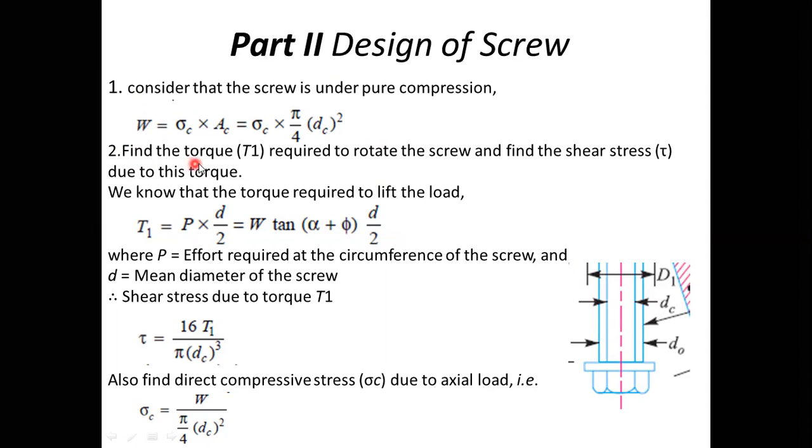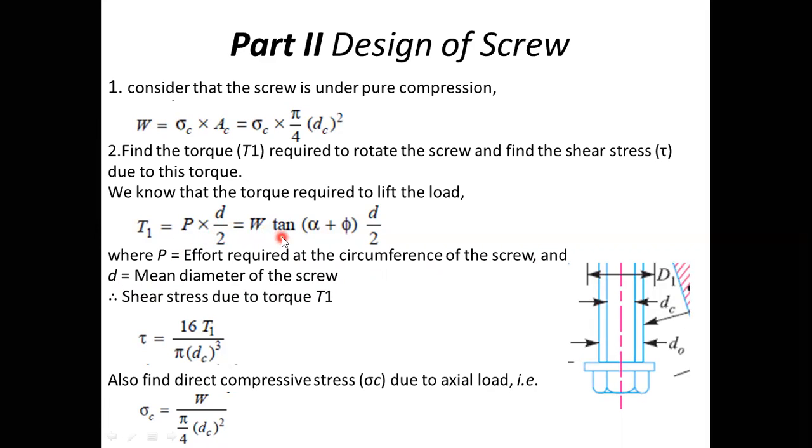Second step is to find the torque T1 required to rotate the screw and find the shear stress tau due to this torque. We know that the torque required to lift the load for the power screw is given by T1 is equal to P into D by 2, where P is effort required at the circumference of the screw and D is mean diameter of the screw.